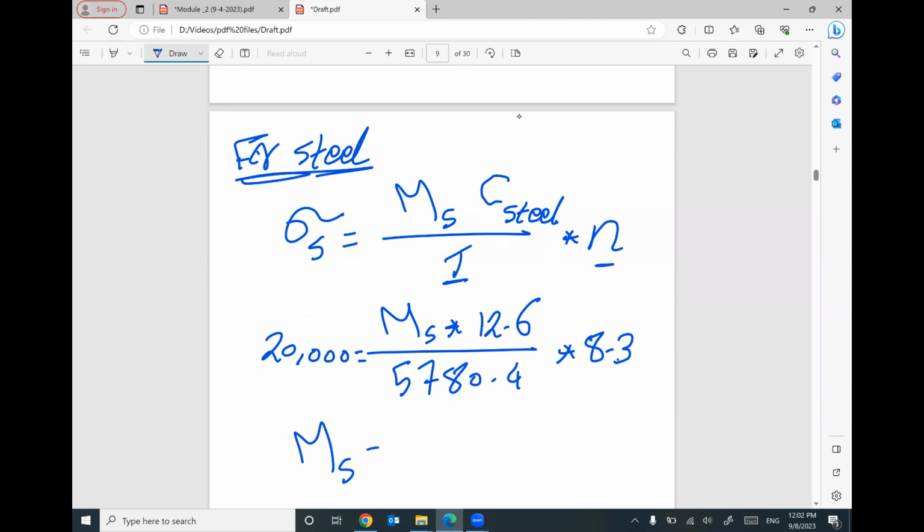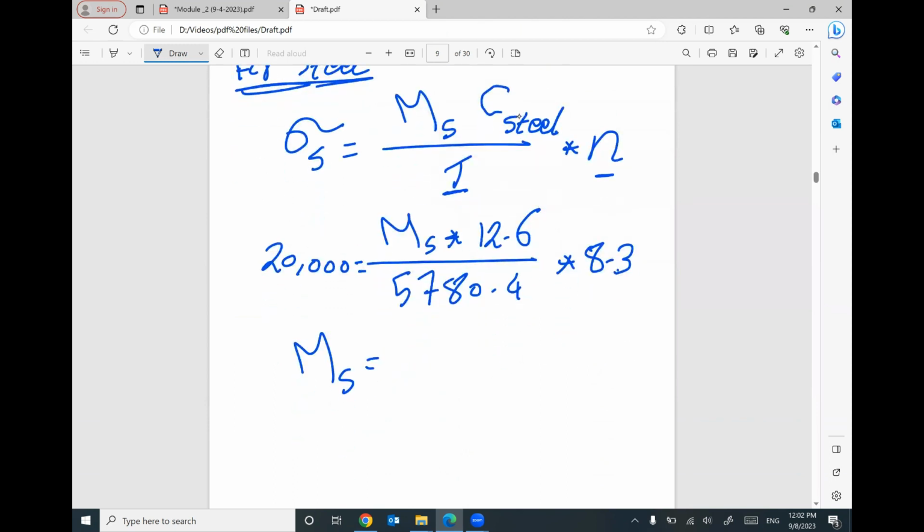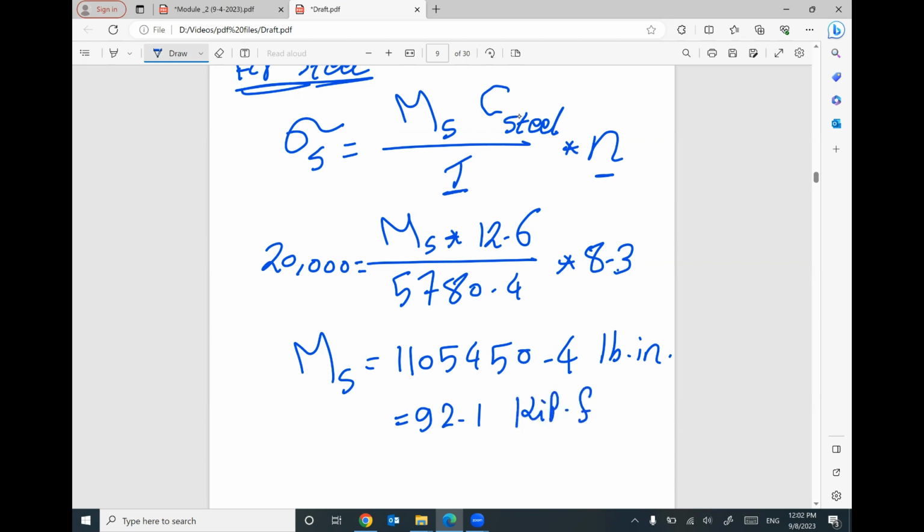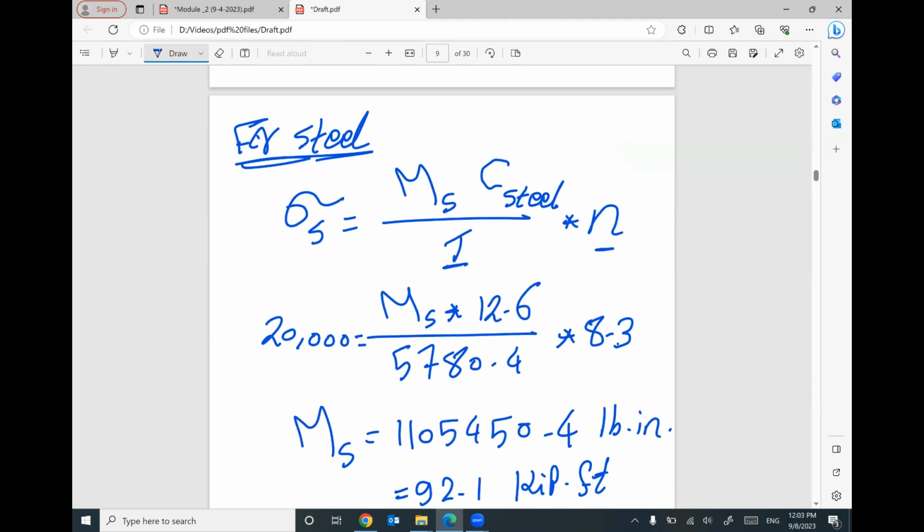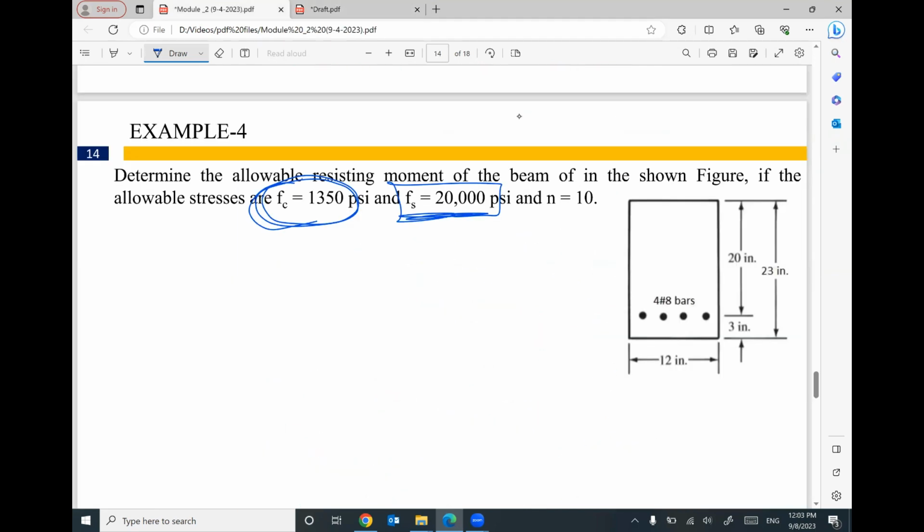From this equation, I can figure out the value of moment. Your value will be 1,105,450.4 pound inch. If you divide it by 12,000, it will be 92.1 kip foot.